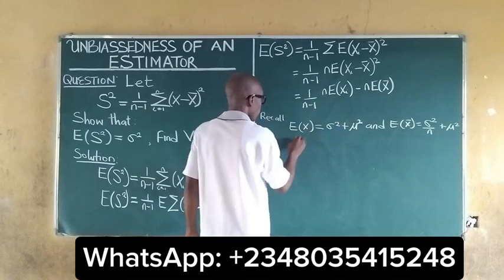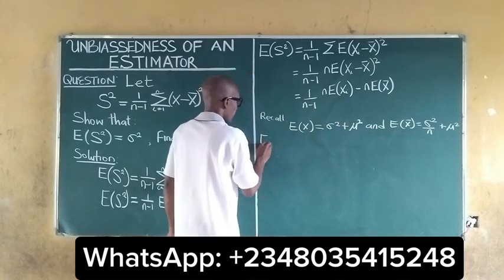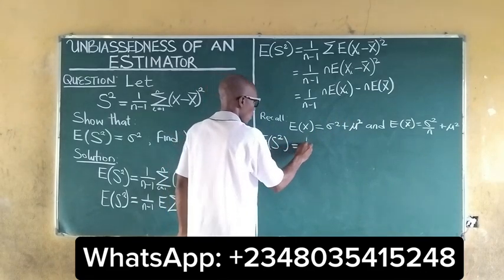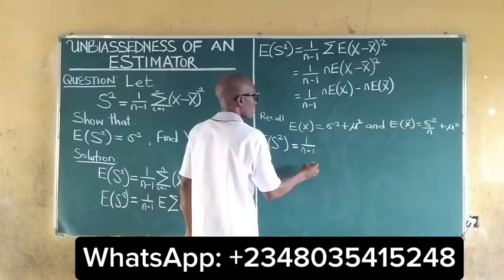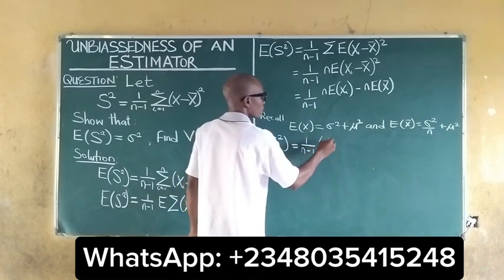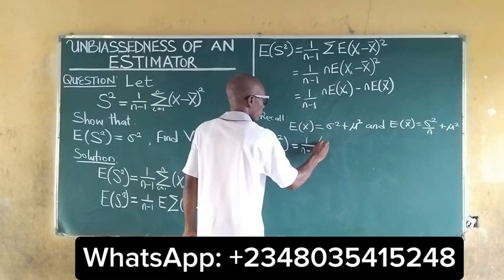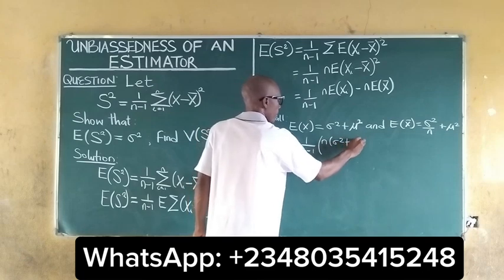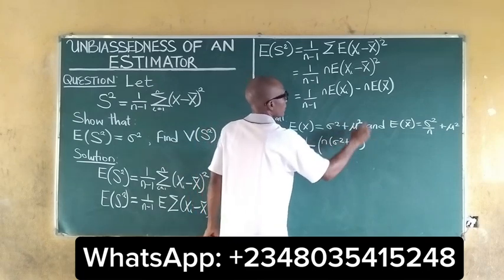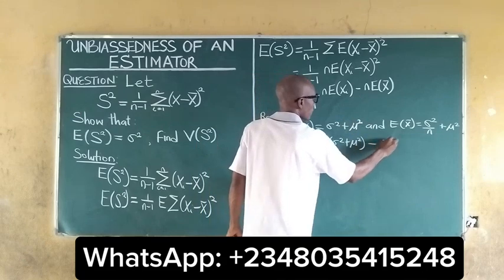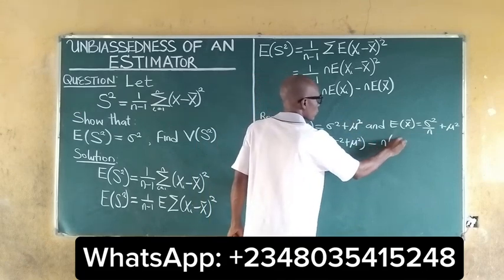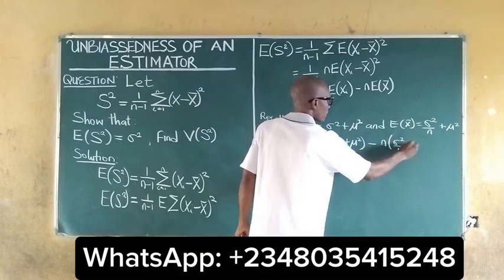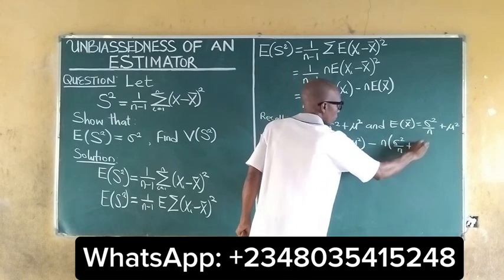So substituting this into this, we get that the expected value of s squared is equal to 1 all over n minus 1 into n multiplied by this, minus n into sigma squared all over n plus mu squared.